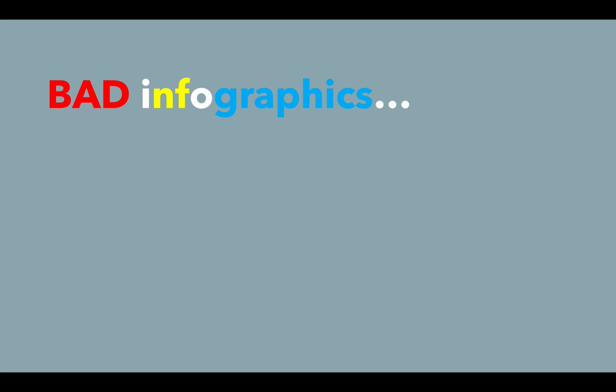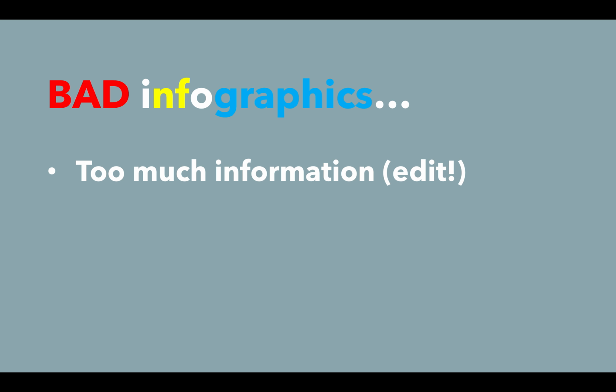Bad infographics. You can see that I used this text for a very specific purpose. This is bad text on a gray background. Don't do this. But either way, one of the biggest sins in infographic creation is to have too much information on the page. It's when you look at one of those infographics that has like two entire pages worth of text on there.